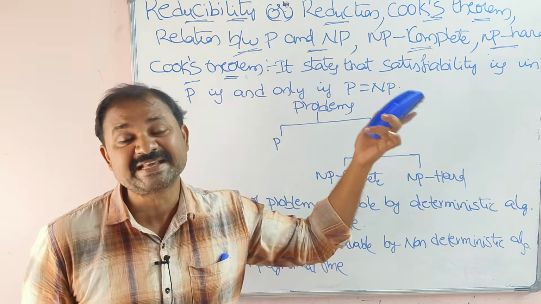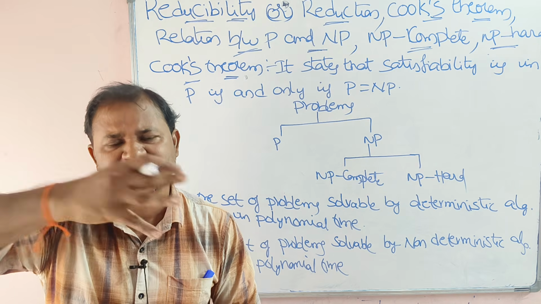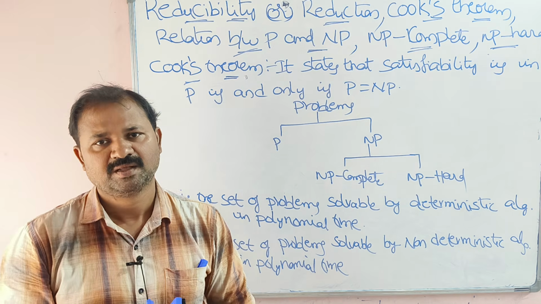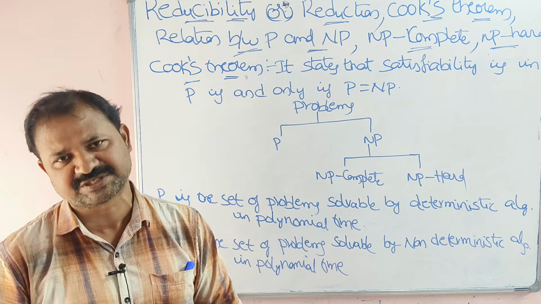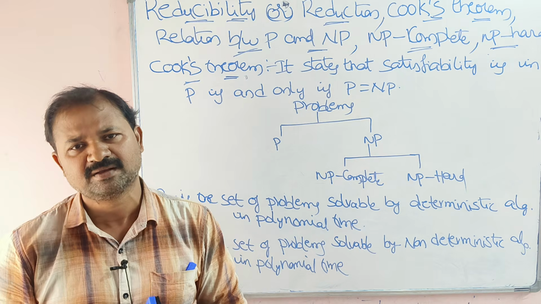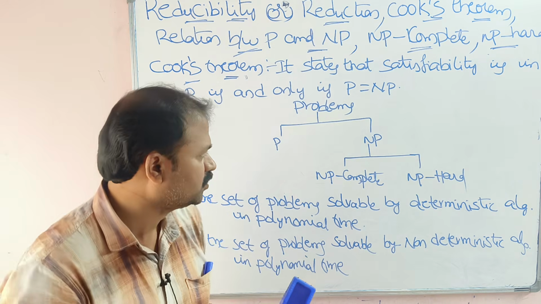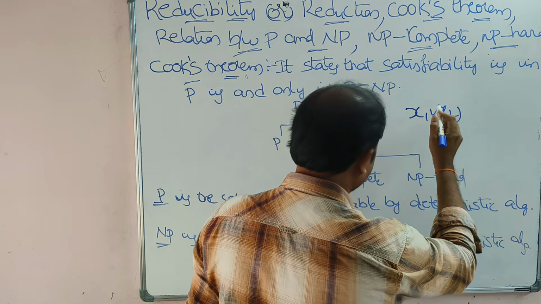We know what is satisfiability. Satisfiability means we have to take a Boolean formula and we need to assign either true or false values to the corresponding literals of the Boolean formula and make the result true. So let me have a Boolean formula like this, x1 or x2.